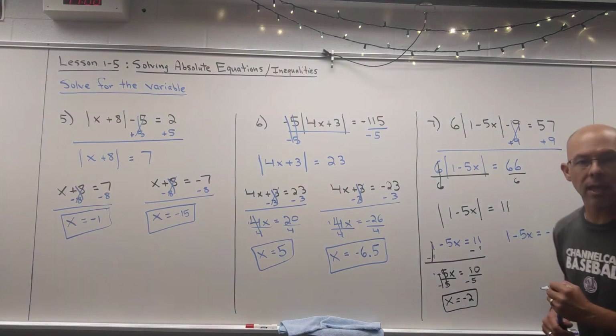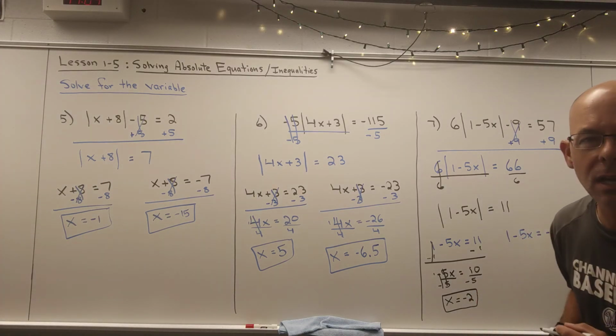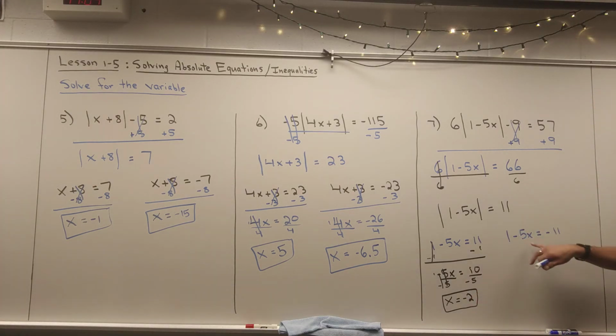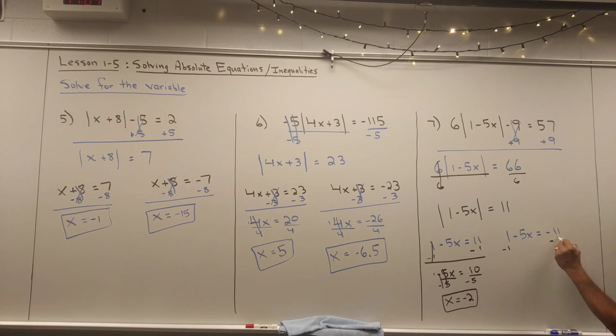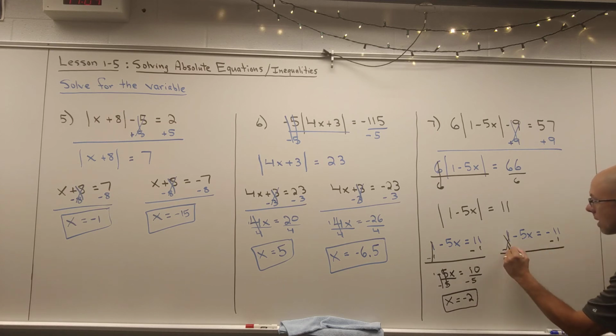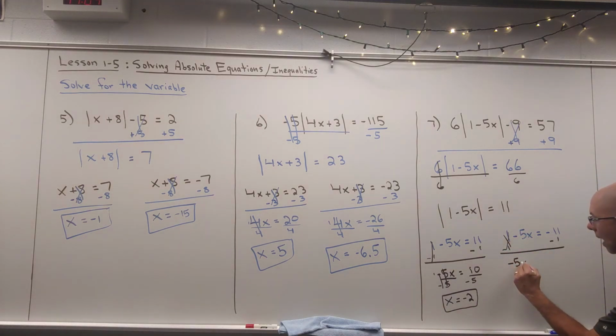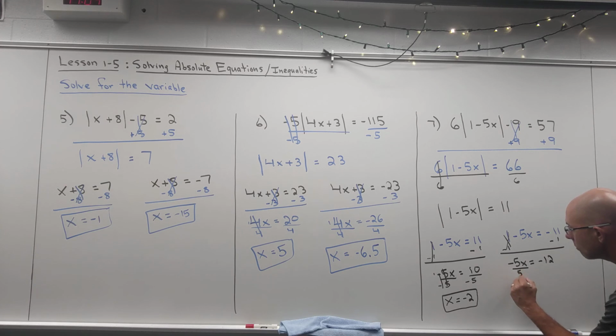Okay, I hope we can see that. I think I got the camera. Okay, we can see that. Same steps: subtract 1, divide by negative 5. Subtract 1. That's negative 5x equals negative 11 minus 1, which is negative 12, divided by negative 5.